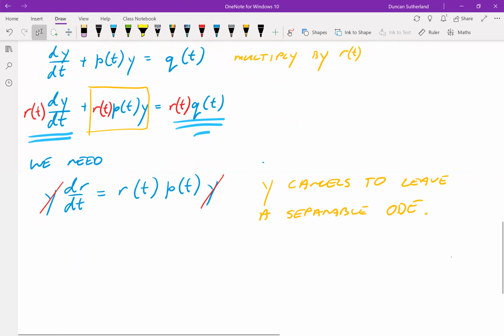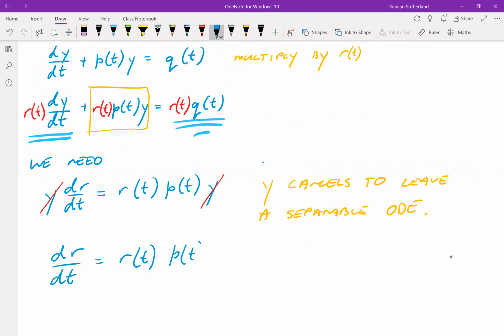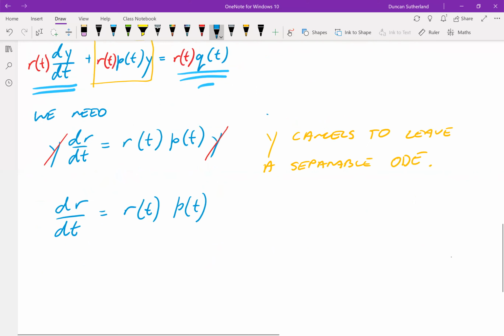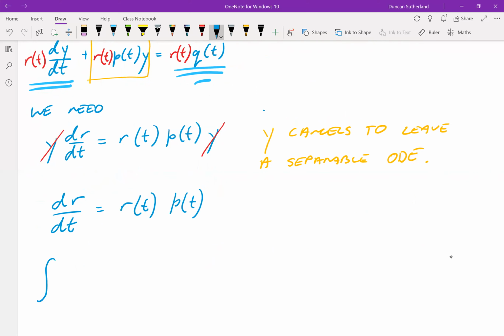Now that's great because we know how to solve separable ODEs. We've got dr/dt is r(t) p(t). All right, so we've got to put the r on the left-hand side and the t on the right-hand side. We do our normal, separate and integrate.